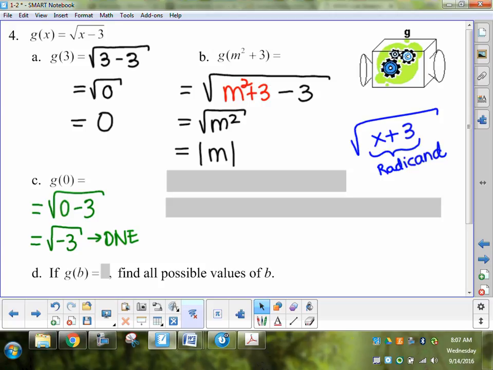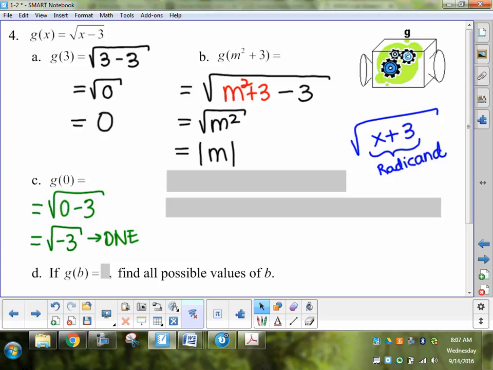For C, would you say that G of 0 was 3i? Or, sorry. We haven't done that yet. Not 3i, sorry. It would be i root 3, but we haven't done that yet. We're in the real number system. For C, what's our input? 0.